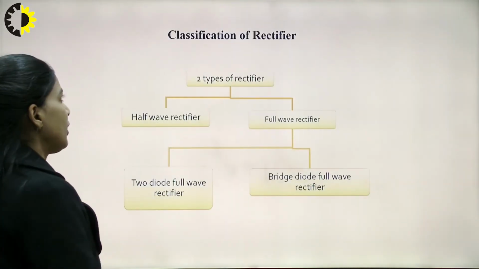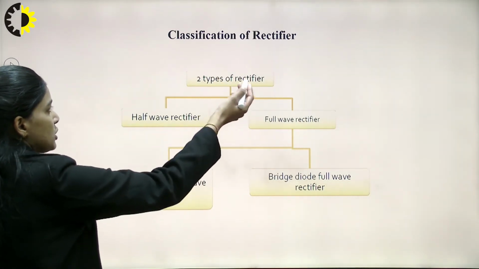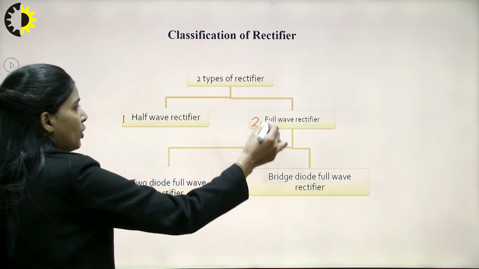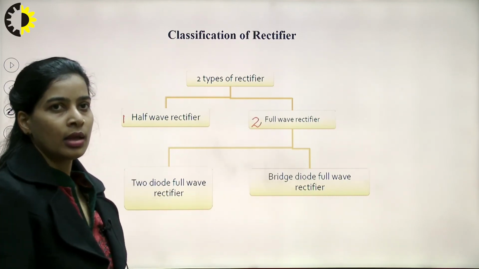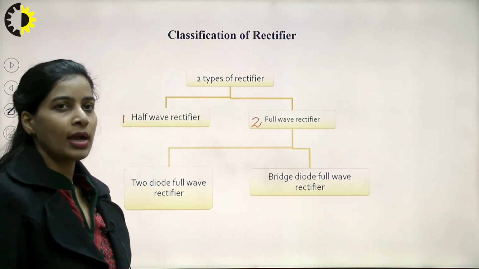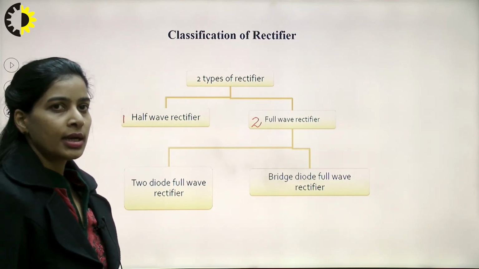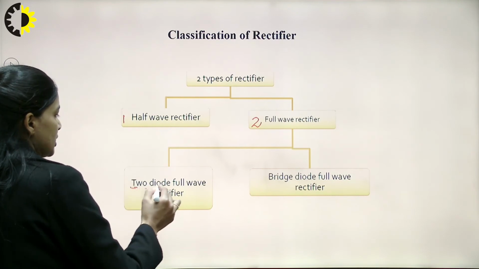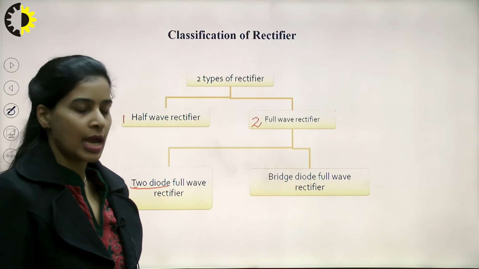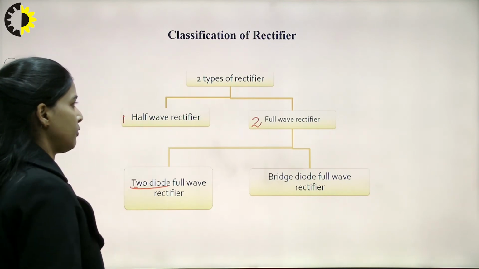So, classification of rectifiers: half wave rectifier and full wave rectifier. Full wave rectifiers are further classified as center tap full wave rectifier, that is the 2 diode full wave rectifier, and the bridge diode full wave rectifier.